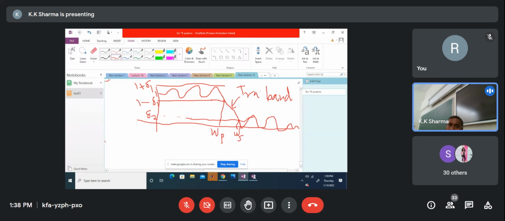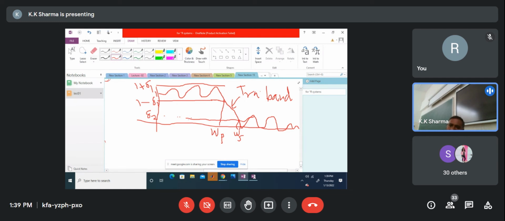Now, what I am saying is that given these design specifications, every designer will be giving you some tolerable limits of delta 1 and some tolerable limits of delta 2, depending upon his own application. That I can tolerate this much variation in the passband amplitude, this much ripples I can tolerate, this is the transition bandwidth I can tolerate.